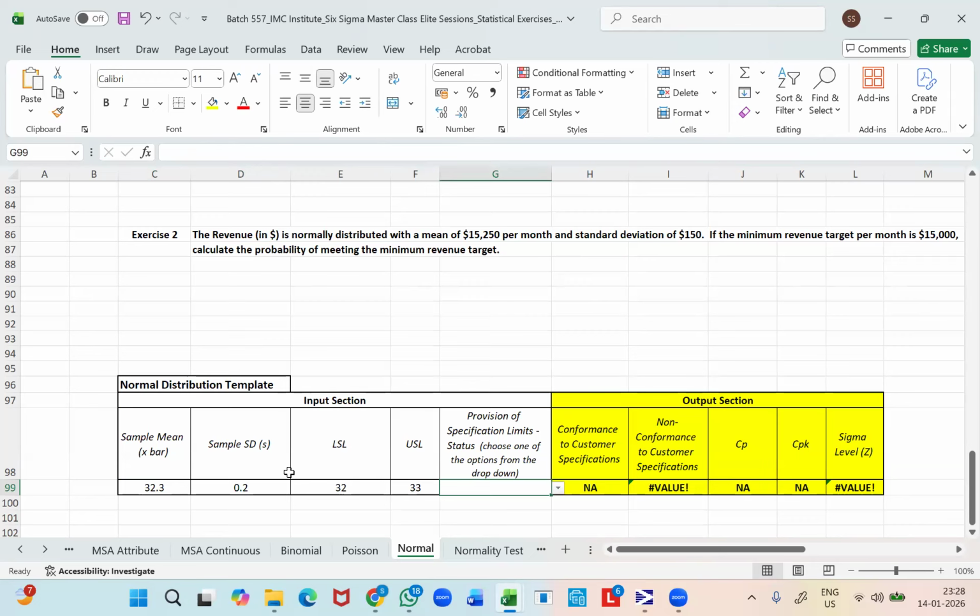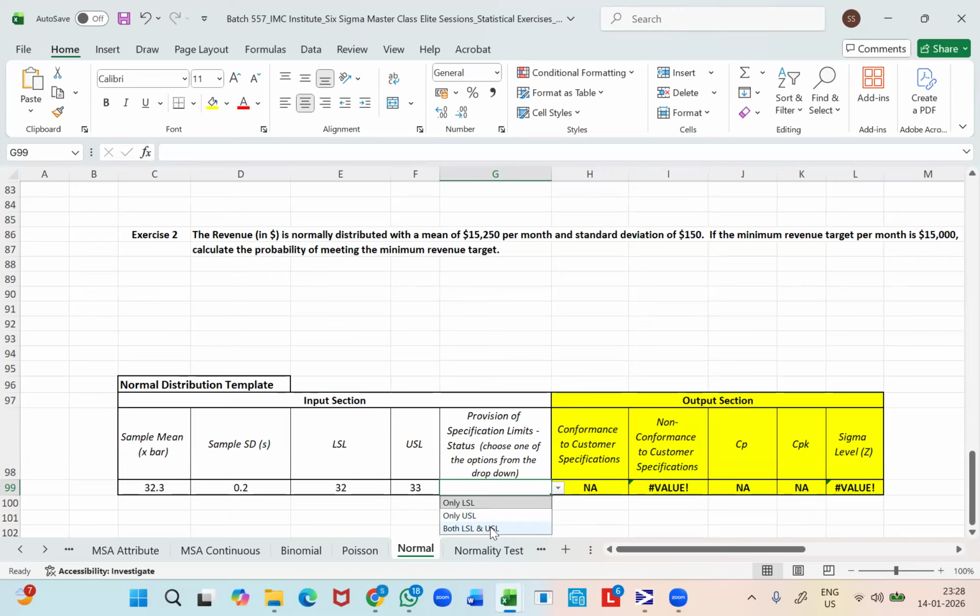Having provided all the input values, please do not forget to choose the right option. Since it is a nominal the better kind of metric, and we have been provided with both LSL and USL, we need to choose the option both LSL and USL from this drop down. For higher the better kind of metric, we all know only LSL will be applicable. So you need to leave the USL field blank and then choose the option only LSL.